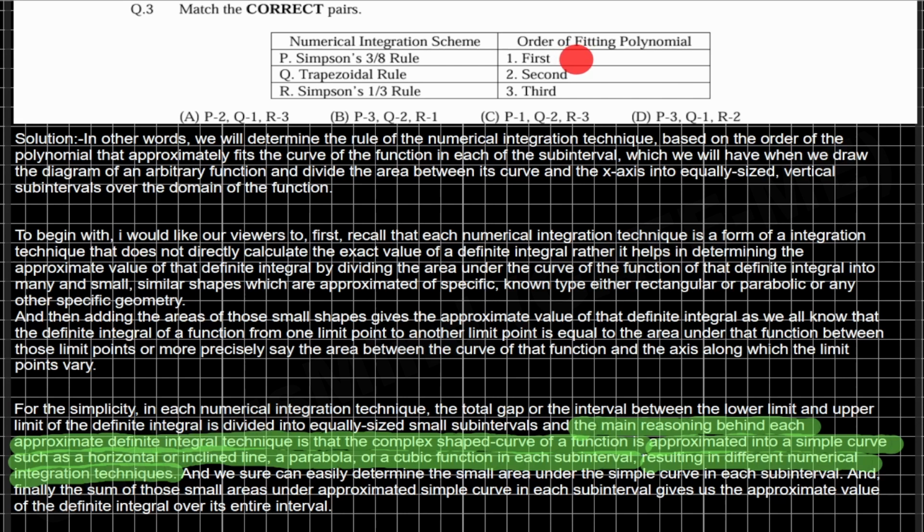So the valid option is this one. This is the correct option.